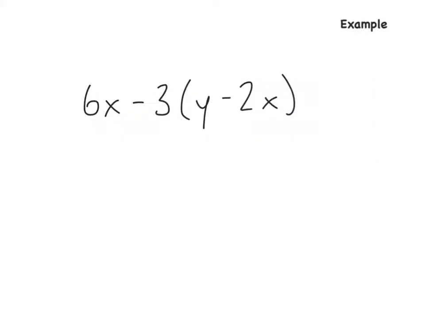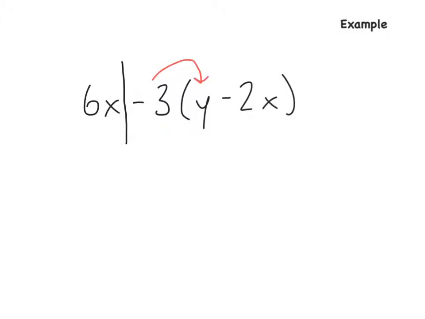So I have this last distributive property example that I want to show you, just to walk through it with you. So I like to think that we're going to break up our terms. So I like to think of this as a negative 3 that we're going to be multiplying by. So what is a negative 3 times y?